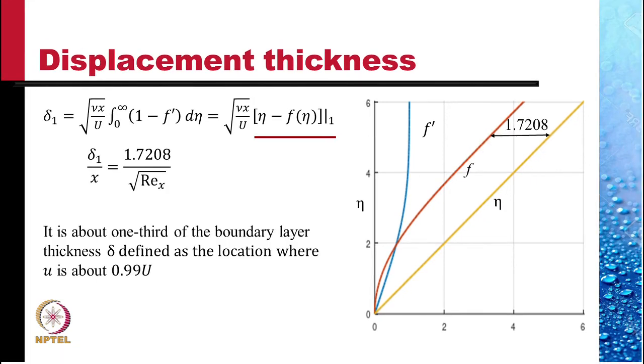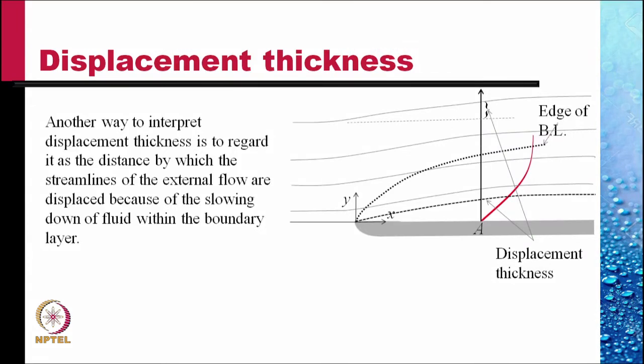This thickness is about 1/3 of the boundary layer thickness delta defined earlier as the location where u is 0.99 of capital U. Another way to interpret displacement thickness is to regard it as the distance by which the streamlines of the external flow are displaced because of the slowing down of the fluid within the boundary layer.